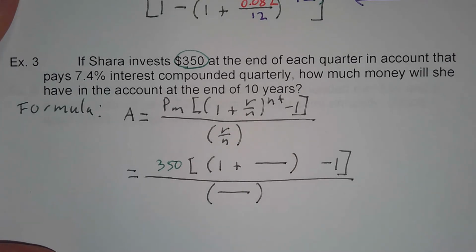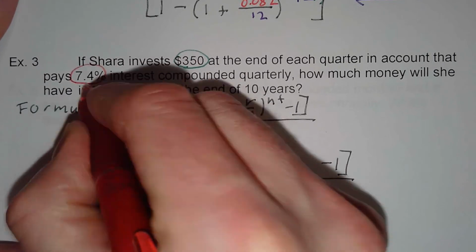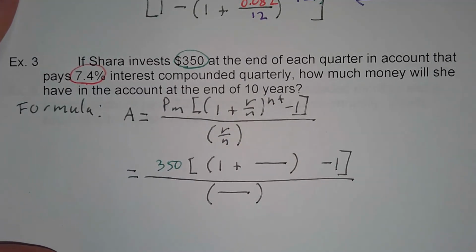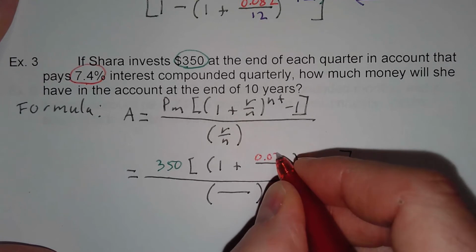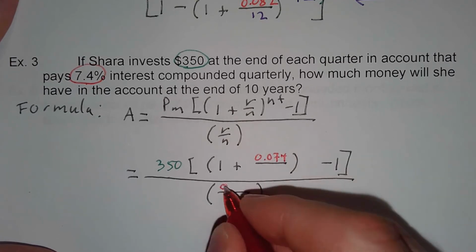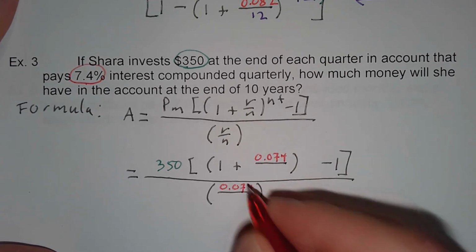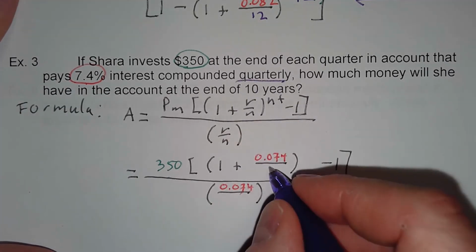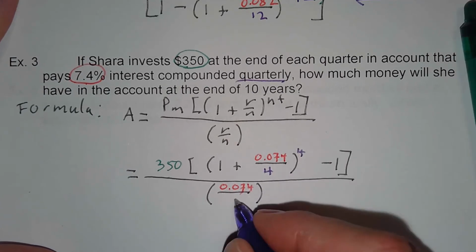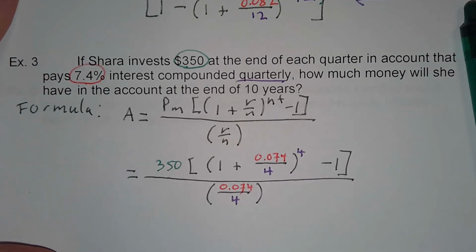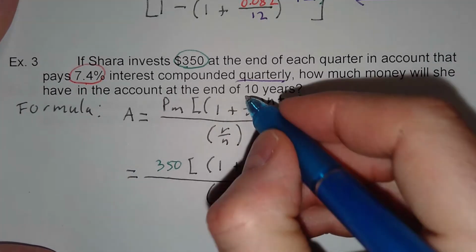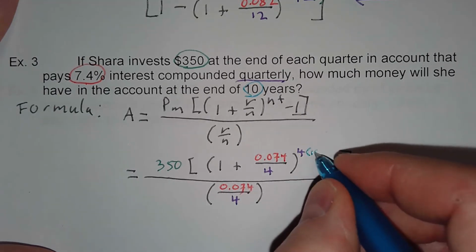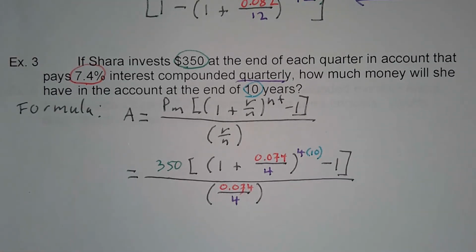And let's see, R, 7.4%, so that becomes 0.074. We said this is compounded quarterly, so N is 4. And we're doing this for 10 years. Alright, so now it's just punching into our calculator.